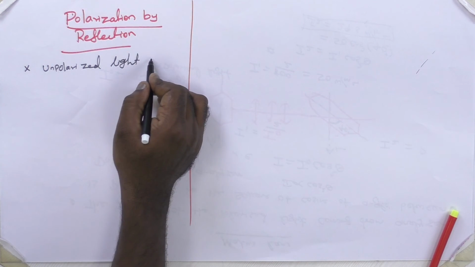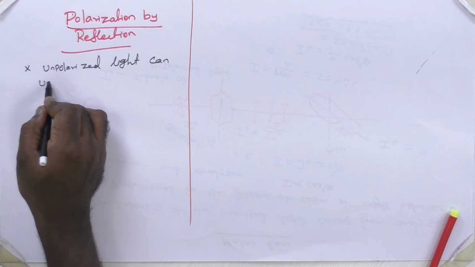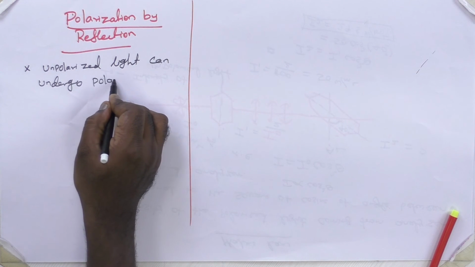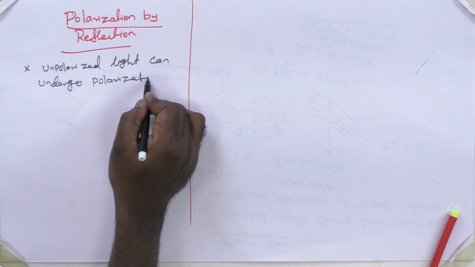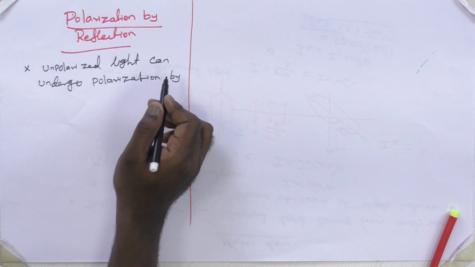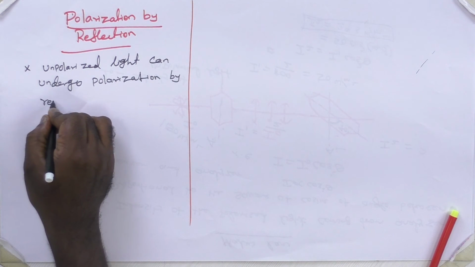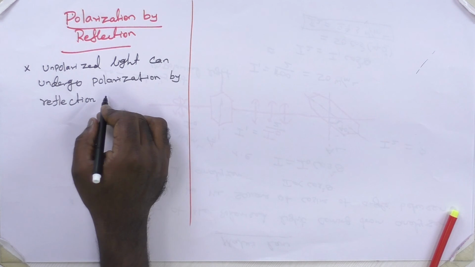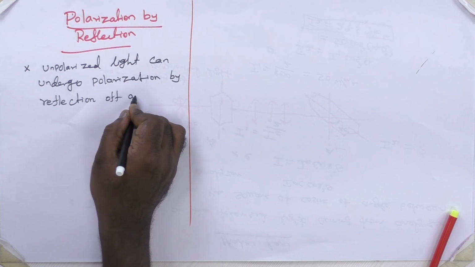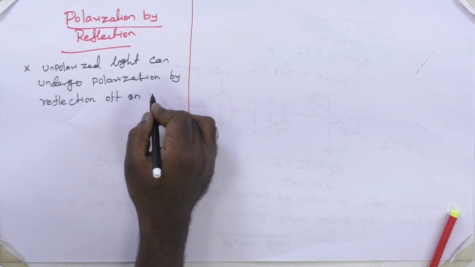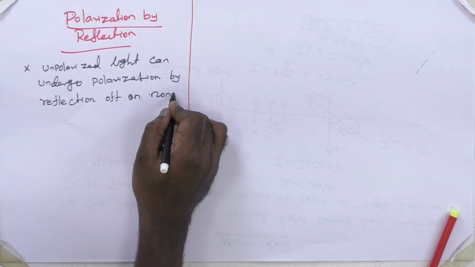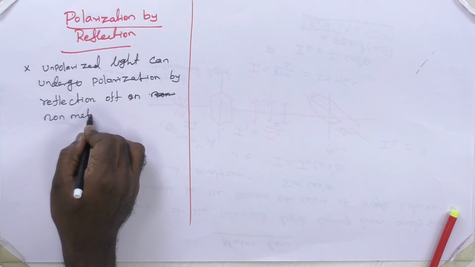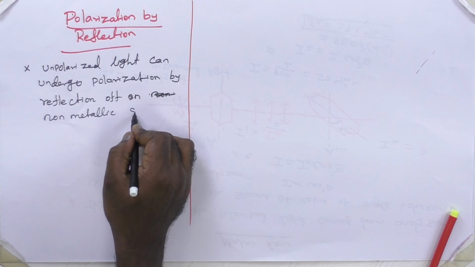Unpolarized light can undergo polarization by reflection on non-metallic surfaces.